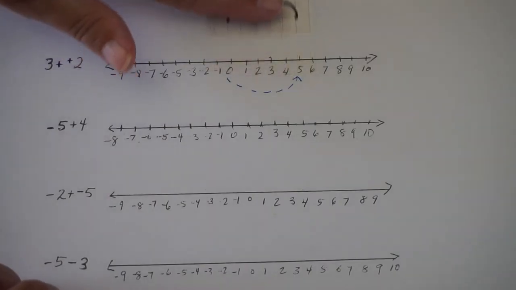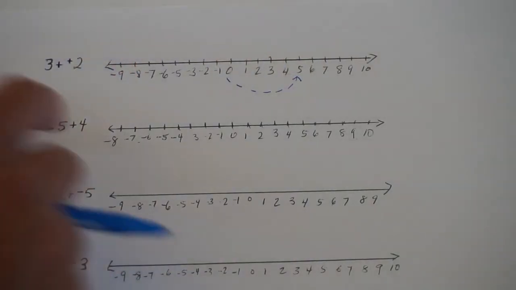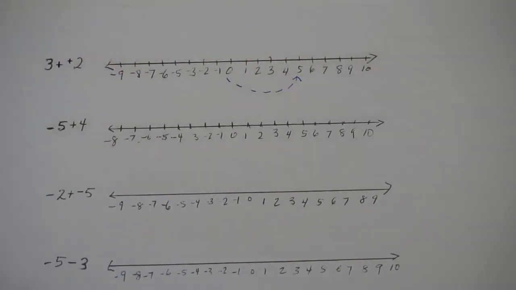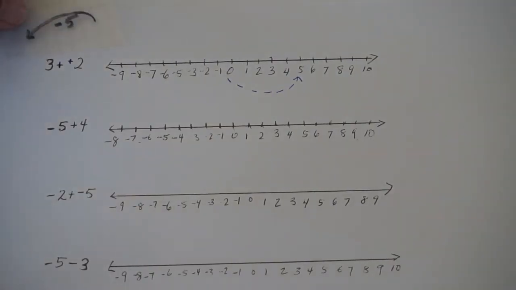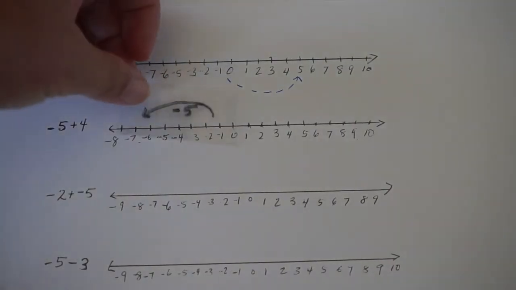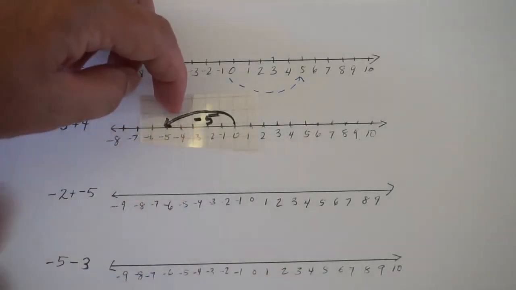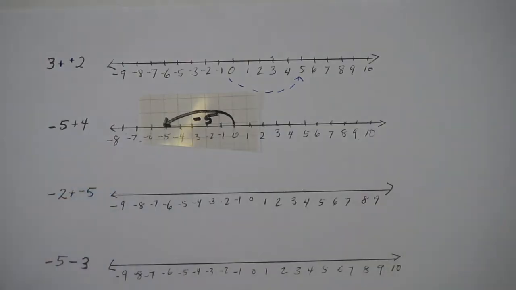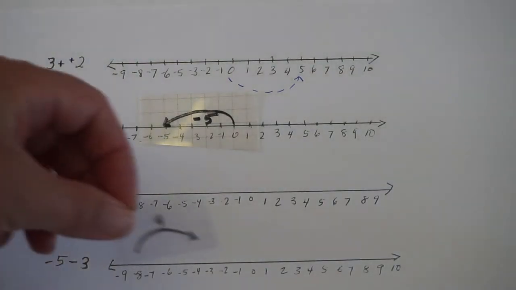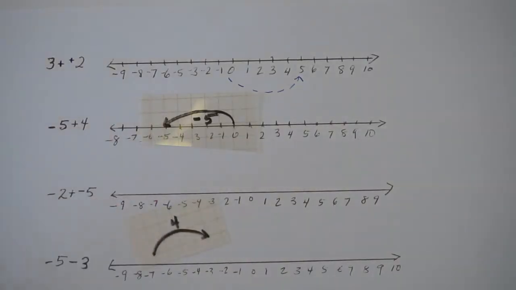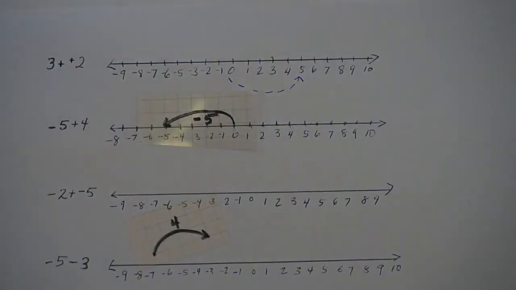So I'm going to go ahead and move those off, and we will work with negative 5 plus 4. So I need a left-facing arrow representing negative 5. We start at 0 and place that there so that the arrow then is on negative 5. And I want to add 4. Now, addition is head to tail, and I'm adding a positive 4, so I need an arrow that is a length of 4, and it's pointing to the right because it's positive.